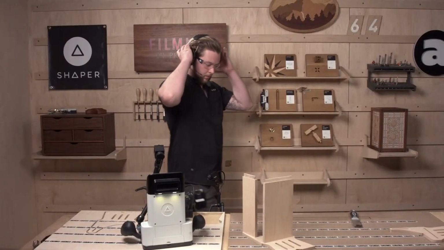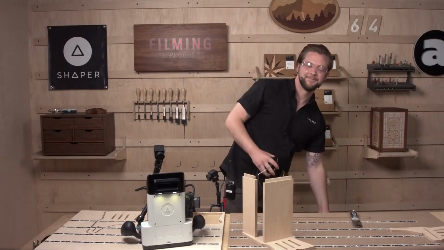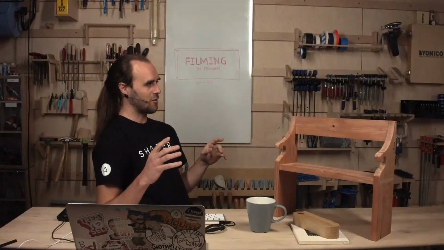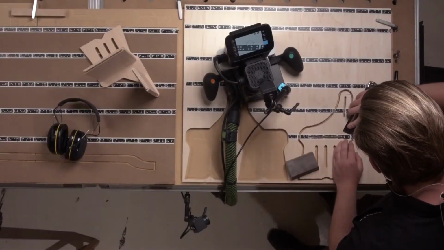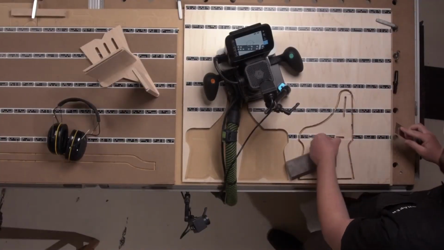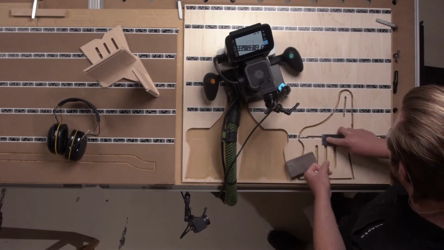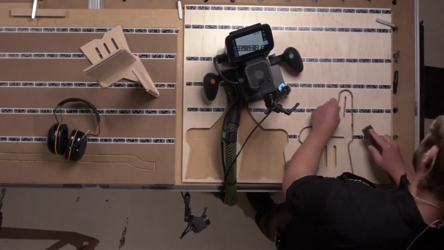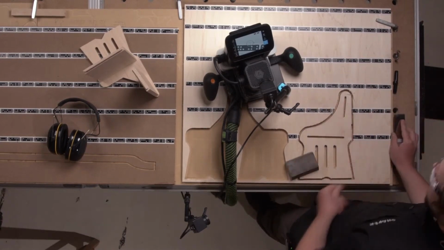So you'll notice Jake hasn't actually removed that from the material yet. Smart man. To do his mortises second to see if they actually fit. So Jake, walk us through. All right, so just going to get this shaper tape out of the way. And we're going to test fit those tenons.